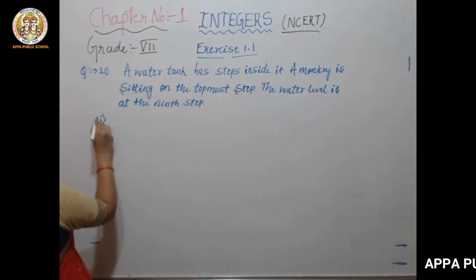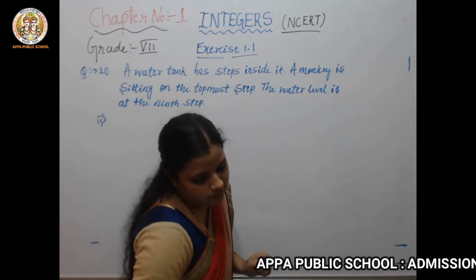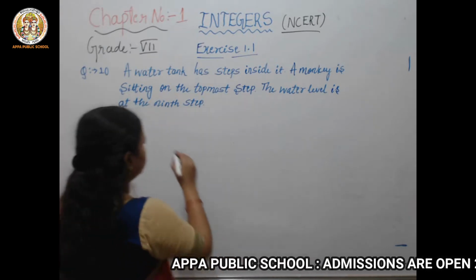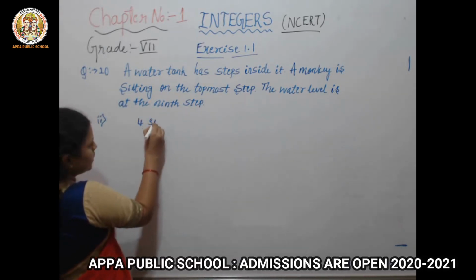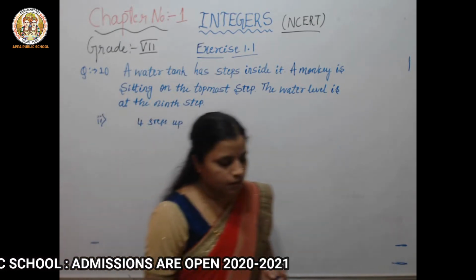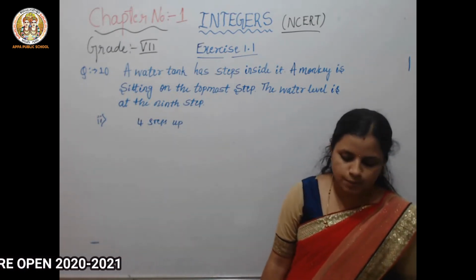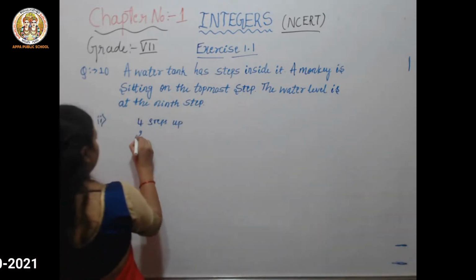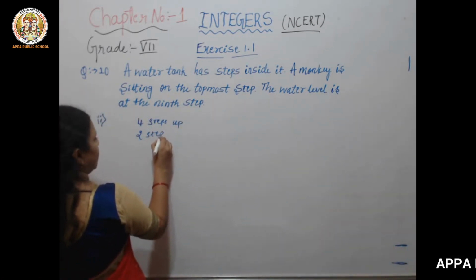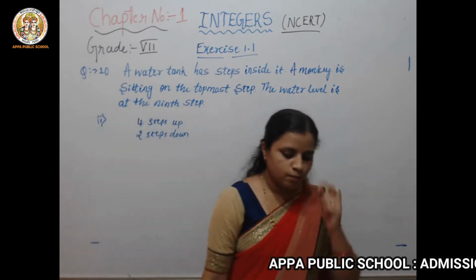See the second one, what is the condition here? 4 steps up, and then jumps back 2 steps down, in every move.